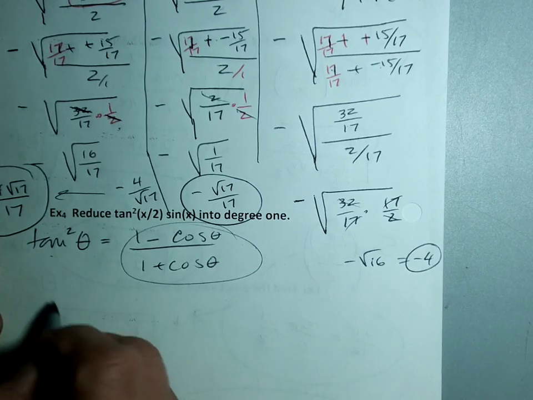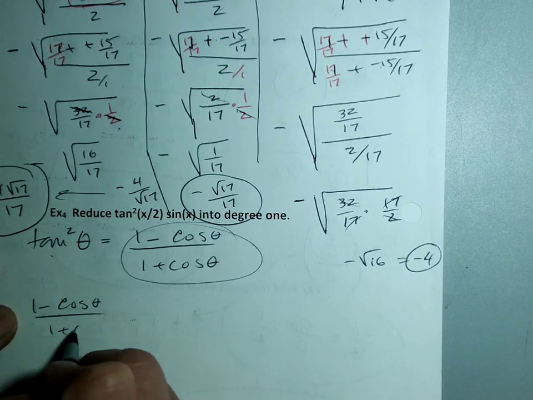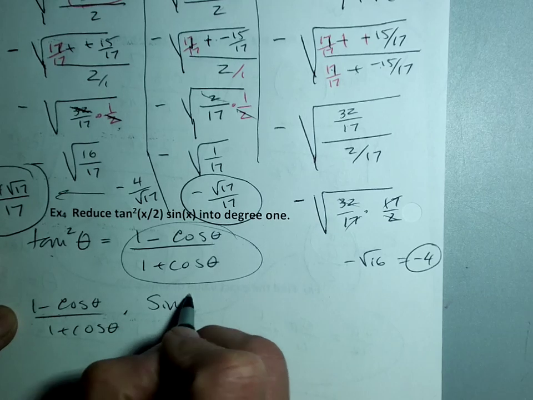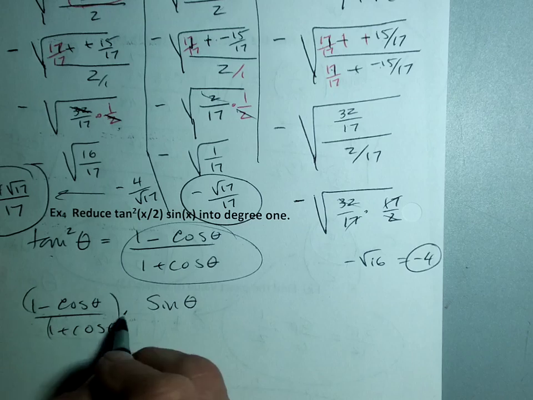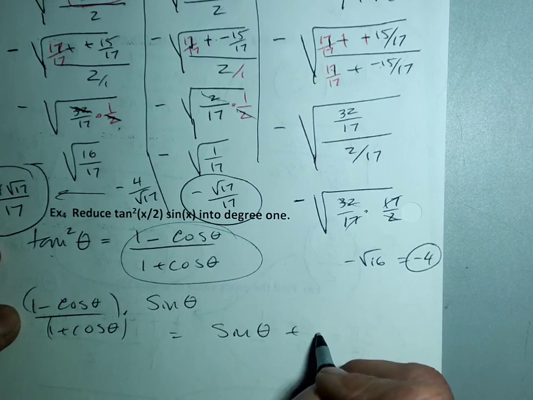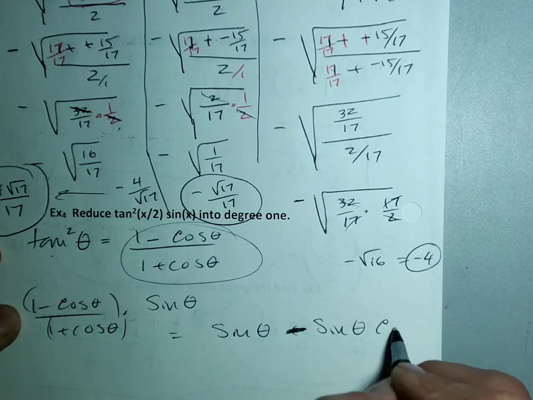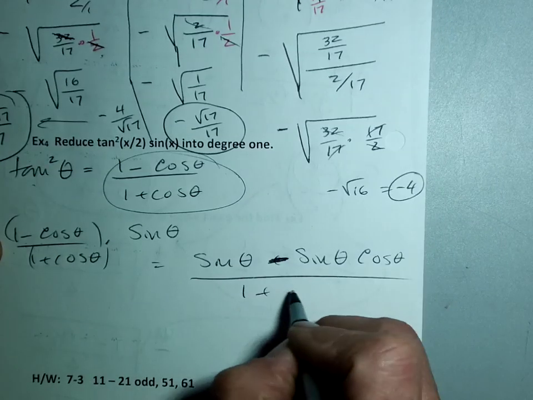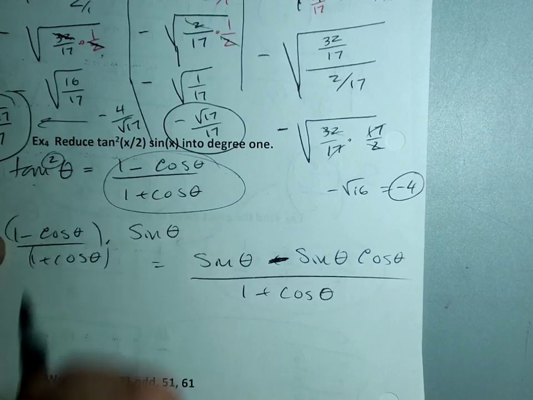So we're going to have 1 minus cosine theta over 1 plus cosine theta times sine of theta. If I multiply that through, I'm just left with sine theta minus sine theta cosine theta over 1 plus cosine theta, and we've gotten rid of the square, okay?